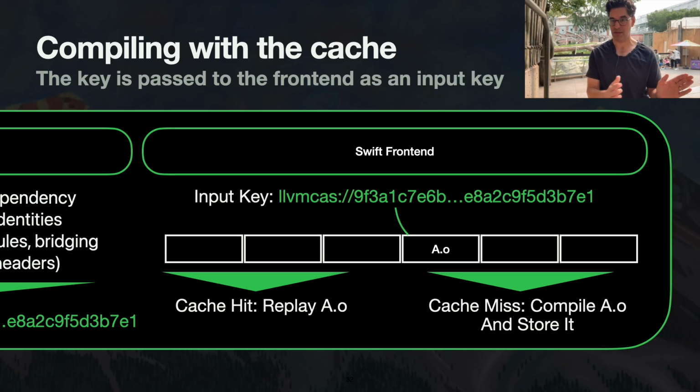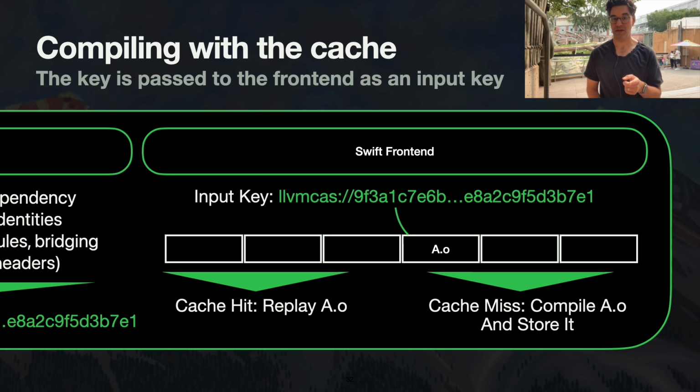It's going to do that same compile we saw earlier, and it's going to take all those outputs and store them into the cache, into the content addressable storage. Then it's going to report back, and we'll have that output key as a record of what was built before.